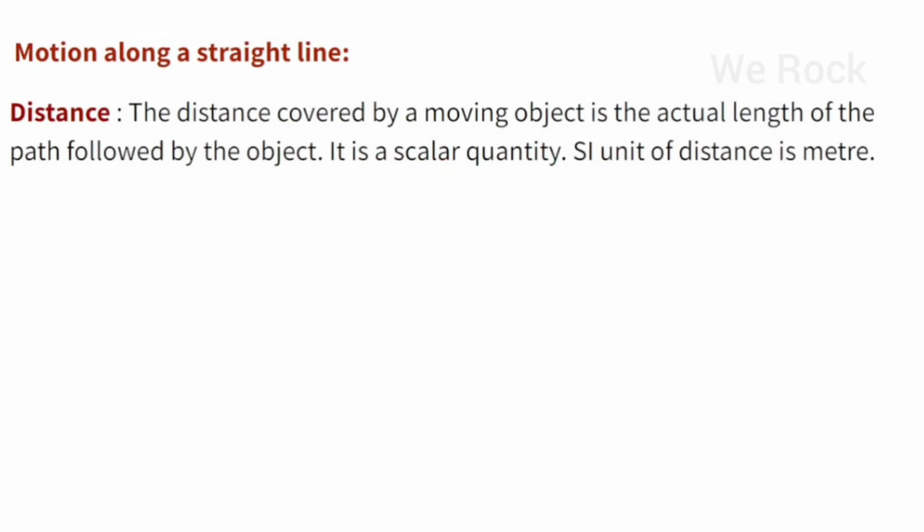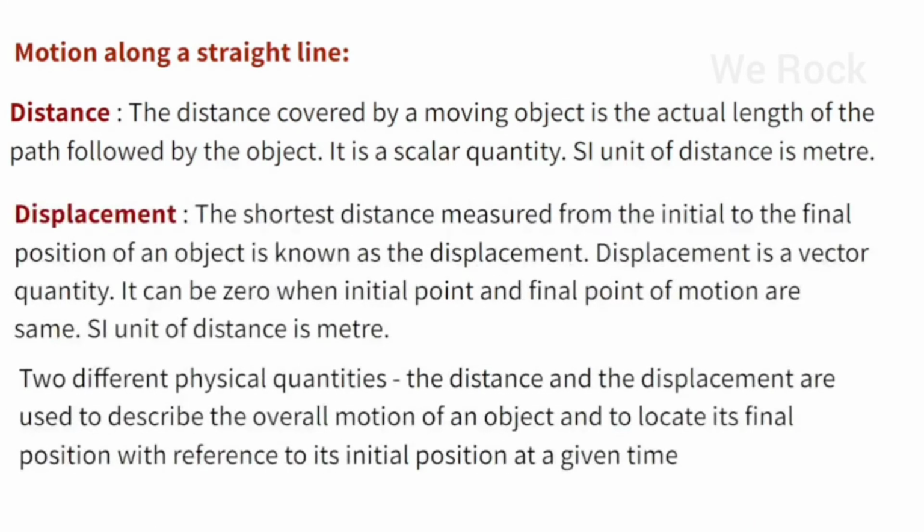Distance. The distance covered by a moving object is the actual length of the path followed by the object. It is a scalar quantity. SI unit of distance is meter. Displacement. The shortest distance measured from the initial to the final position of an object is known as the displacement. Displacement is a vector quantity.